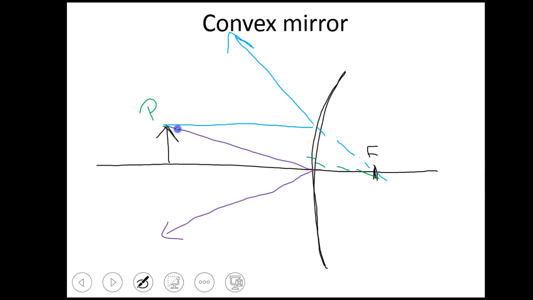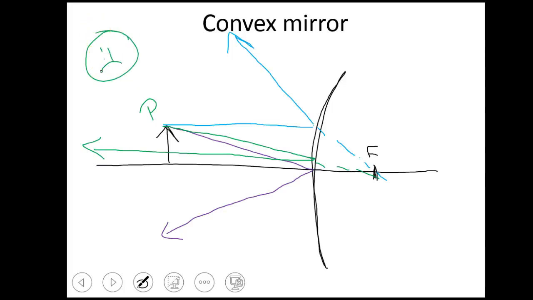But it does it as an incoming ray. And so it's going to be like that. And then that gets reflected back as a parallel ray. Alright, and so, again, I don't really have a place where these things are coming together over here at all.